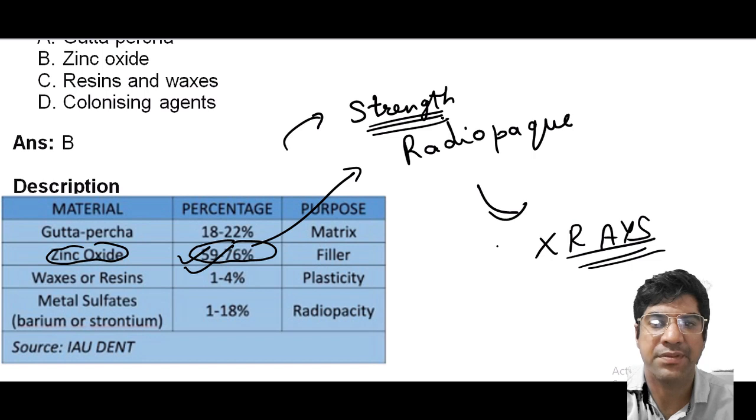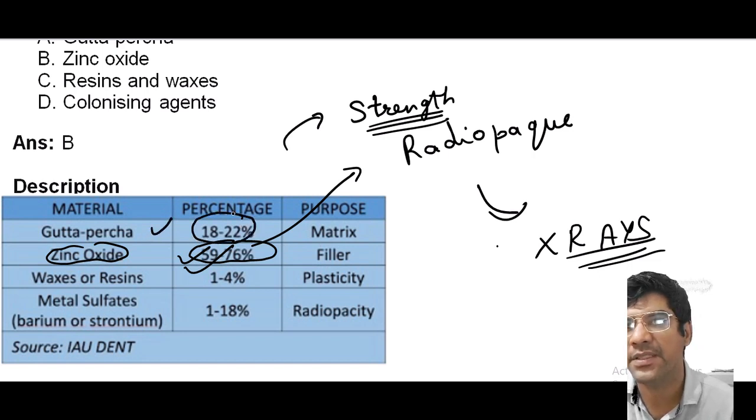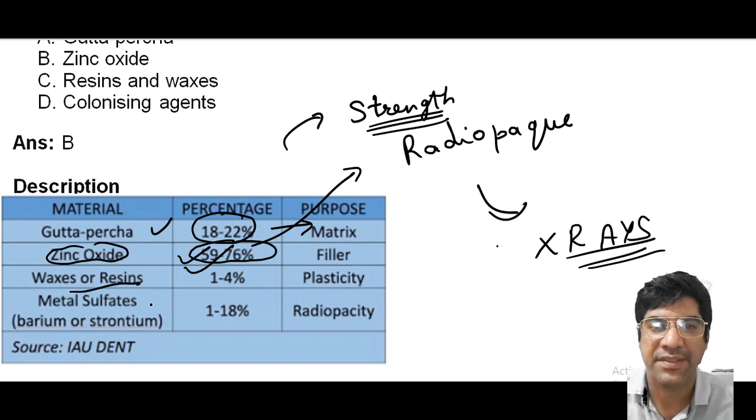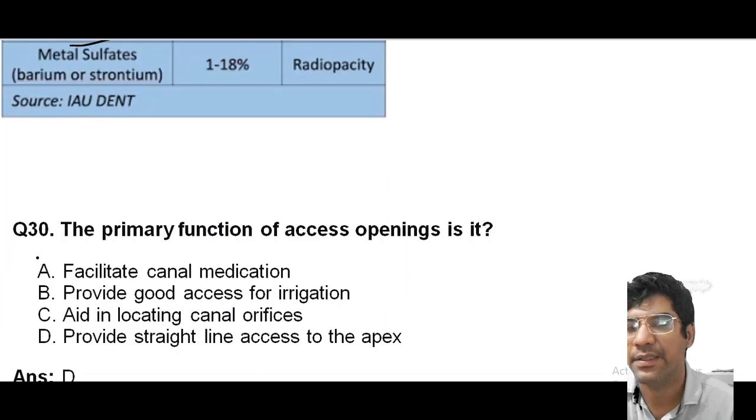Its presence allows for clear visualization of the gutta percha material on X-ray. Apart from that, it contains gutta percha in a concentration of 18 to 22% that acts as a matrix. The waxes or resins improve the handling characteristics and adaptability of gutta percha during placement within the root canal. So the largest component is zinc oxide.